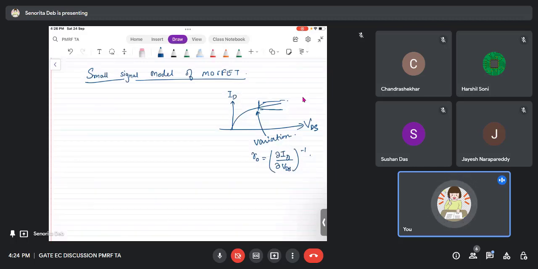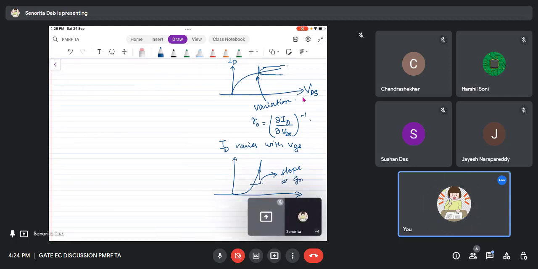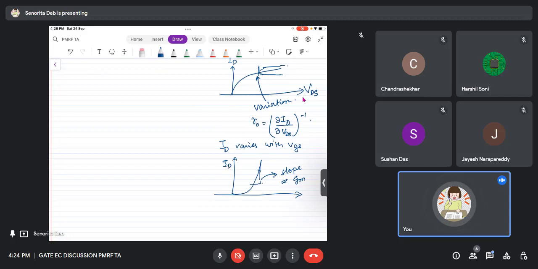Right. So there are two types of variations for ID. First is that ID varies with VGS, and we saw that graph also, which we call the input characteristic, and there is a slope here. This slope gives you the gain, the transconductance, GM.